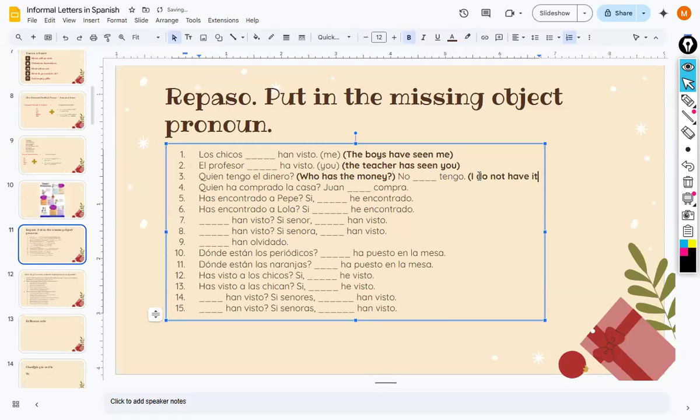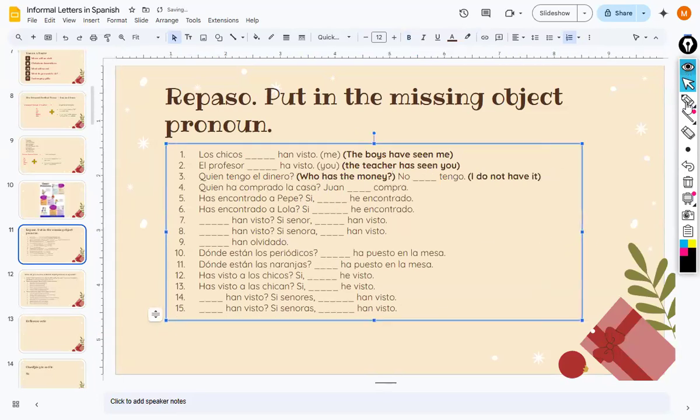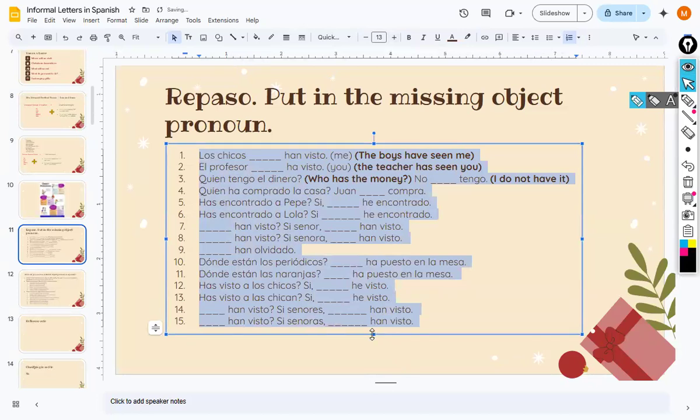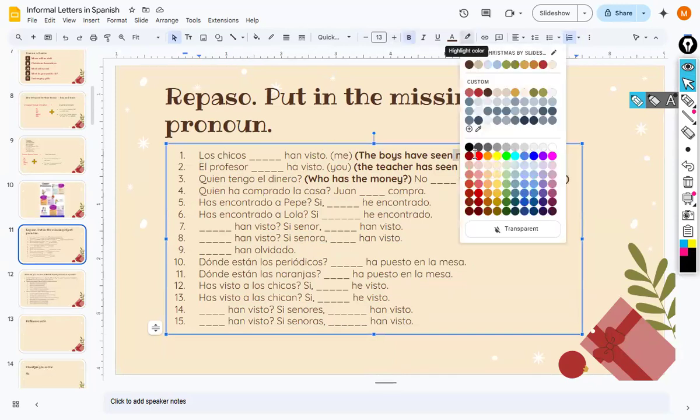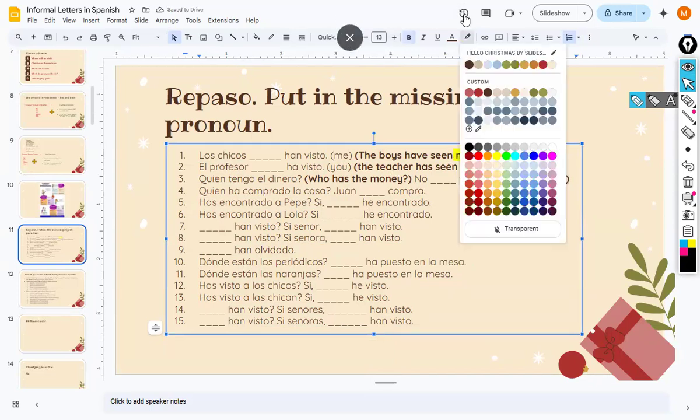All right, let's go backwards a little bit. Let's look and see where the object pronouns are. Everybody can see the font, okay? It's not too small, right? So los chicos, the boys have seen me. This me is the object pronoun we're trying to translate, to fill into the blank. The teacher has seen you. This you is the object pronoun we're trying to translate.